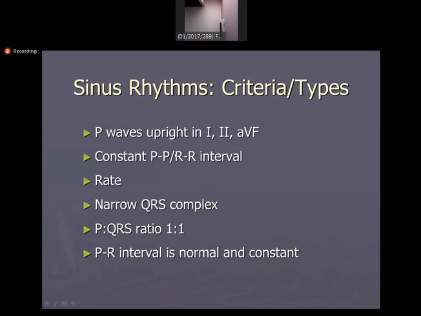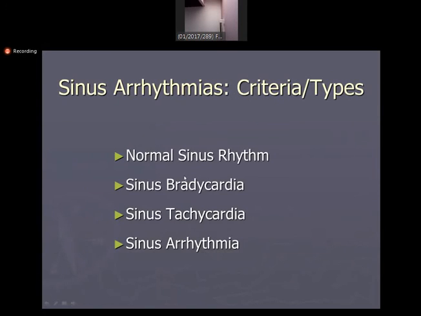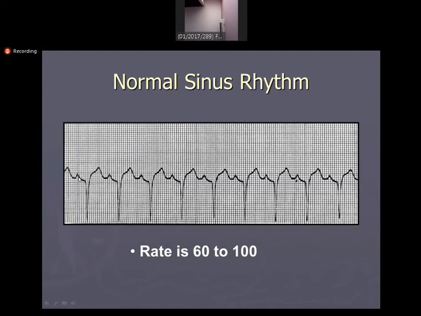So we start with normal sinus rhythm. If electrical activity starts from the P wave followed by a QRS complex and ends with a T wave, it is called the normal sinus rhythm. Although this is not a normal ECG, the rhythm is a normal sinus rhythm, right?